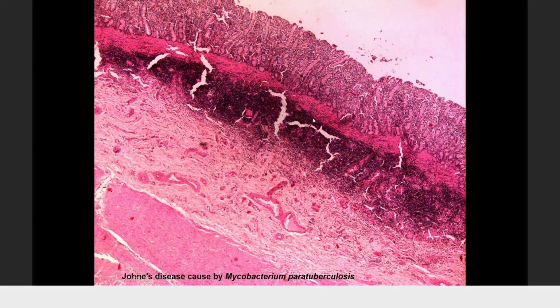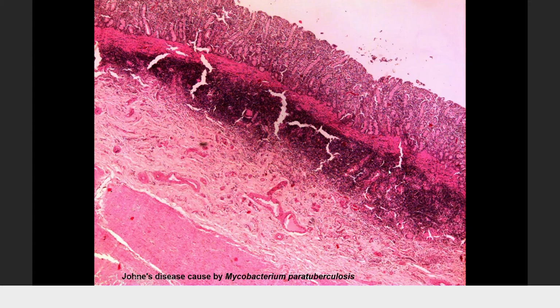You see that under the muscularis mucosa there is a lot of this dark area. This dark area is actually inflammatory cells, chronic inflammatory cells, infiltrating the submucosa of the ileum. There is so much.